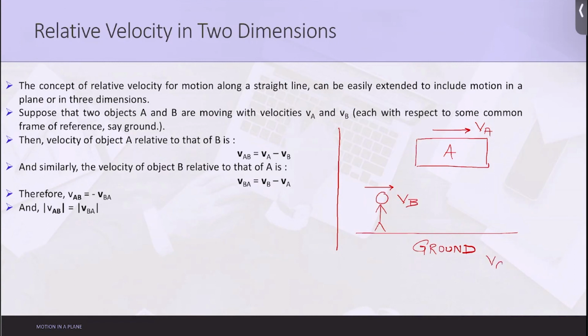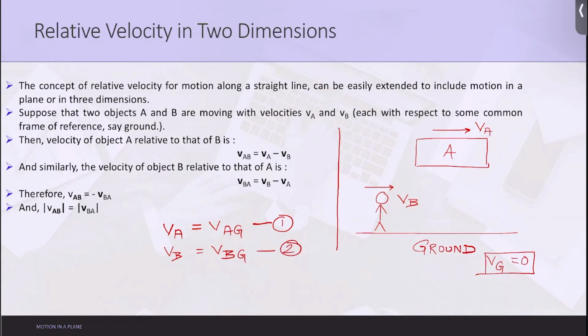Quite evident, the velocity of the ground will always be zero, because the ground is not moving. When we derived some formulas, the first was velocity of A equals velocity of A with respect to ground. The second was velocity of B equals velocity of B with respect to ground.